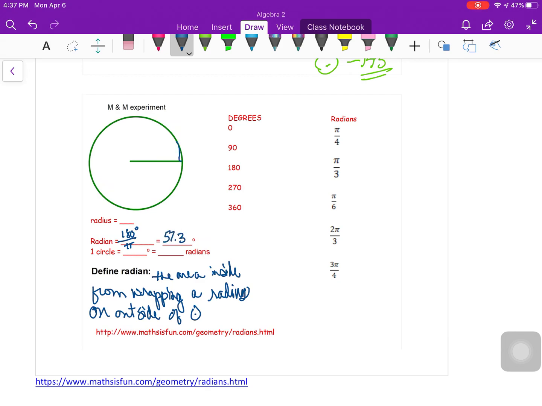So I took this radius, wrapped around the outside, it brings me to about right there. So this is 1 radian, which is about 57.3 degrees. It is exactly 180 degrees divided by pi.